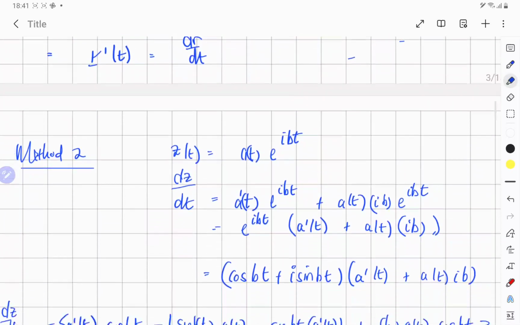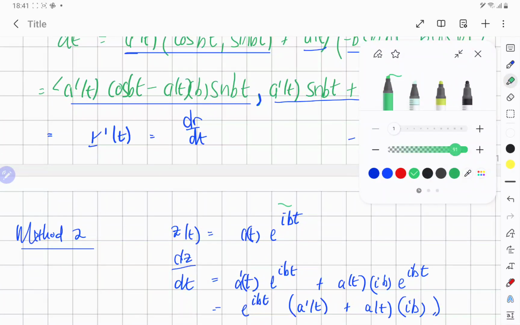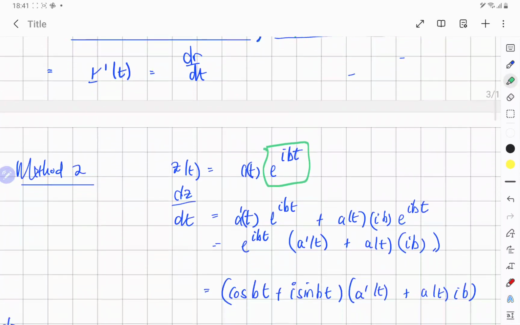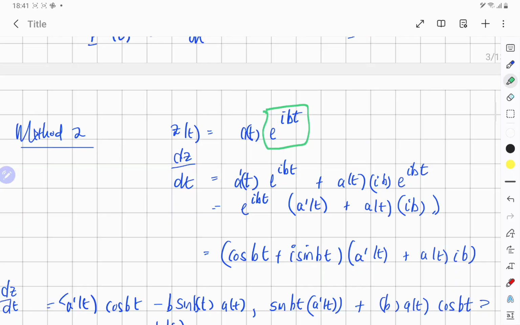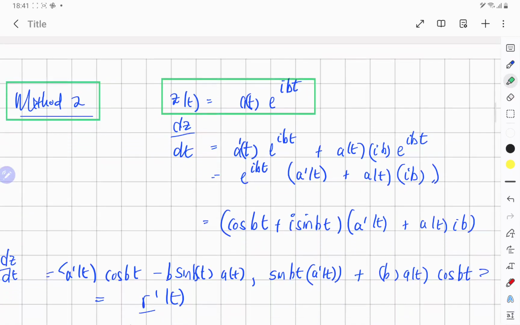Now remember I said there are two methods. Method 1, what did I do? I've changed that straight away into cos and sine. But what do I do in method 2? I do not do that. I go straight from here and I derive with the product rule.